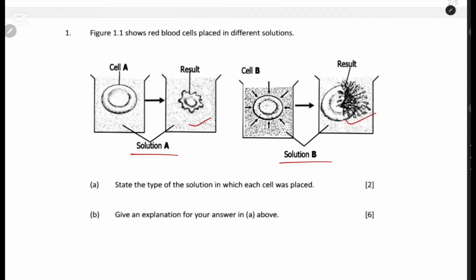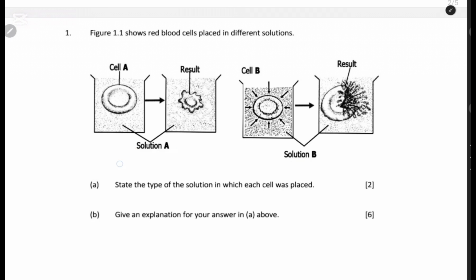Looking at what happened, when the red blood cell was placed in solution C, this was the result. So now let us answer the question. State the type of solution in which each cell was placed.